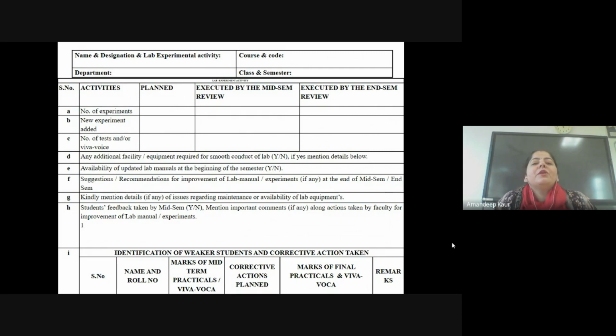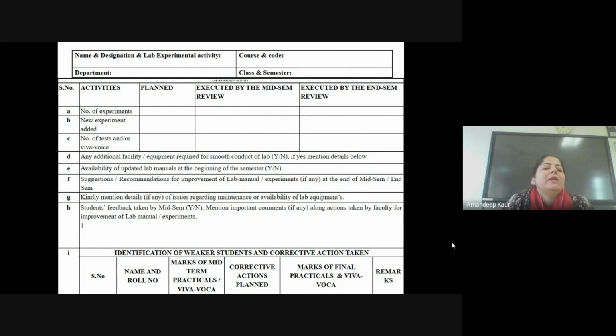So when it comes to the planning of those practical activities, as a teacher I need to find out how many experiments are given in the curriculum, how many are planned, how many experiments need to be completed before the mid semester review, and up to the end semester how many experiments we need to perform.